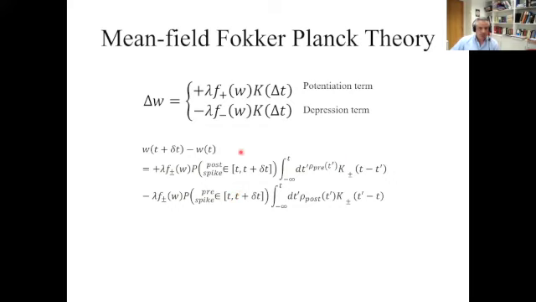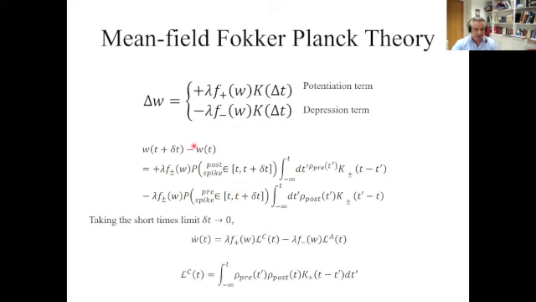Then we just divide everything by delta t and take the delta t goes to 0 limit, and we get this elegant looking equation for the synaptic weight, which has two terms again, potentiation and depression, with this calligraphic L. However, this calligraphic L, which looks naive, is a random variable, because it is determined by the pre and post-synaptic spike times.